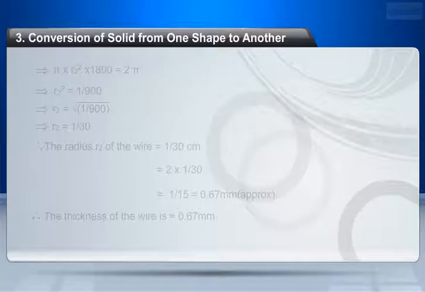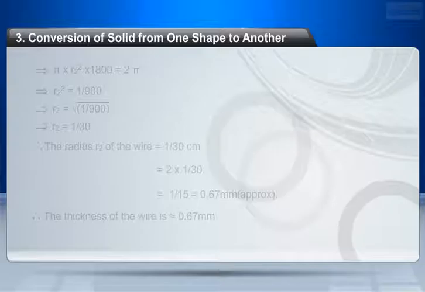This implies that 4 by 3 into 4.2 into 4.2 into 4.2 by 36 equals h. This implies that h equals 1.4 cube. This implies that 2.74. Therefore, the height of the cylinder so formed will be 2.74 centimeters.